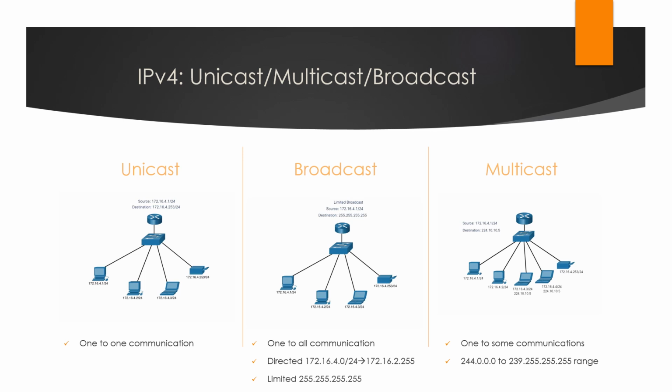A unicast packet has a destination IP address that is a unicast address, which goes to a single recipient. A source IP address can only be a unicast address because the packet can only originate from a single source. This is regardless of what the destination IP address is, because it can be a unicast, broadcast, or multicast. This animation is an example of the unicast transmission.